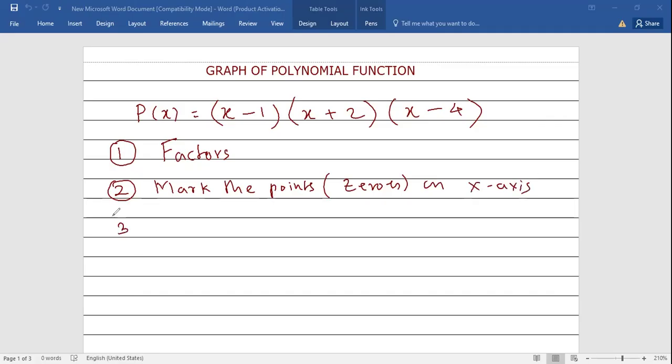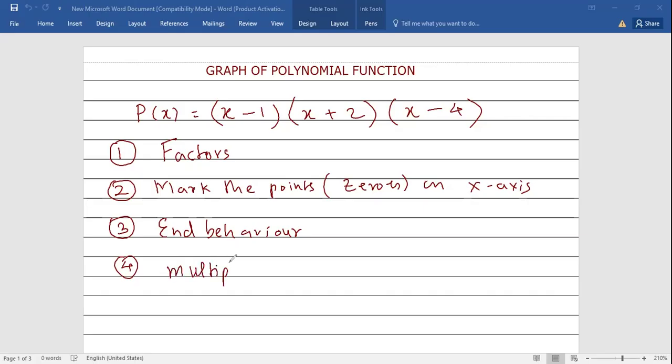Third step will be to determine the end behavior. We will see one by one all of this. Fourth, we have to take the multiplicity into account. So what is multiplicity?